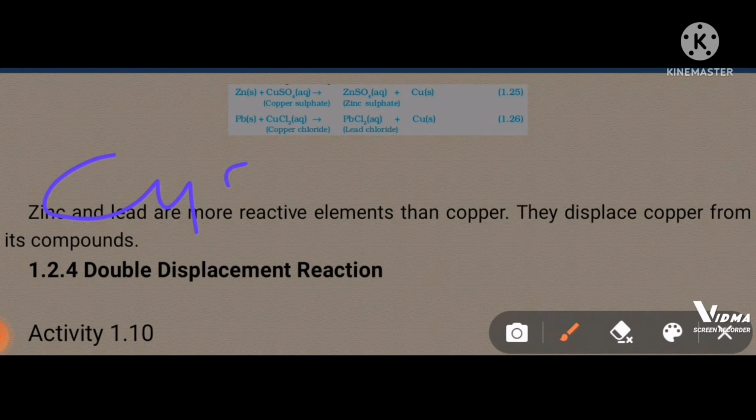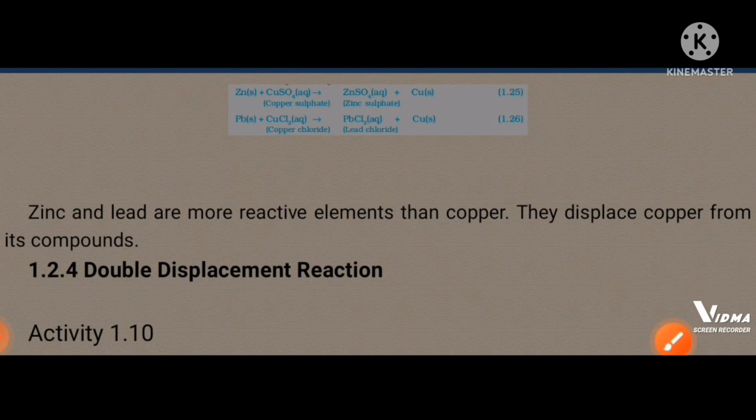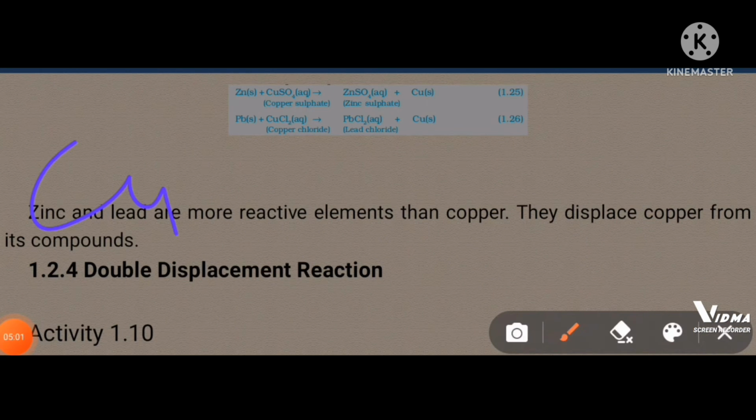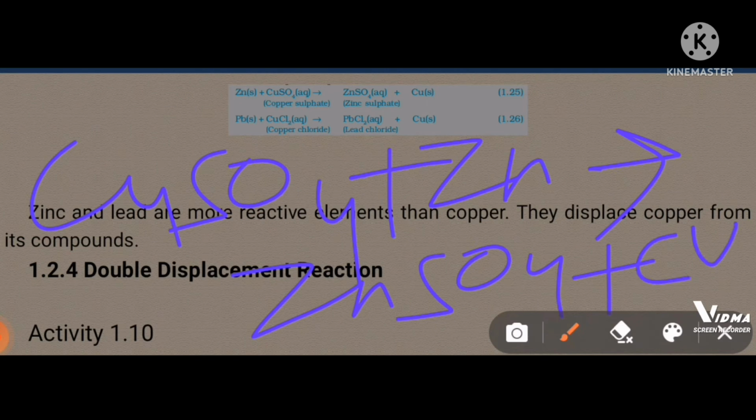See, copper sulfate CuSO4 plus zinc. Here zinc is more reactive, that's why it forms zinc sulfate plus copper. Once again, copper sulfate plus zinc forms zinc sulfate plus copper.